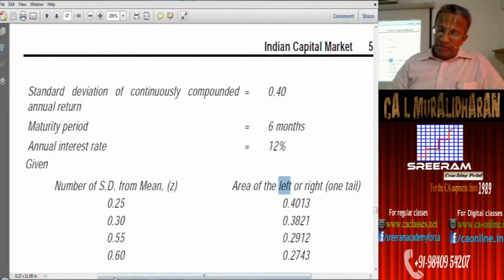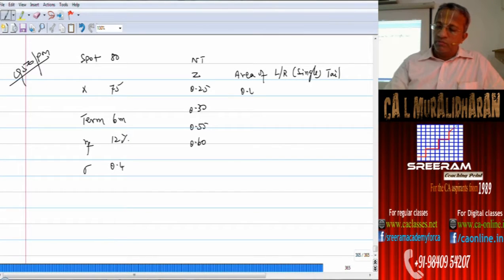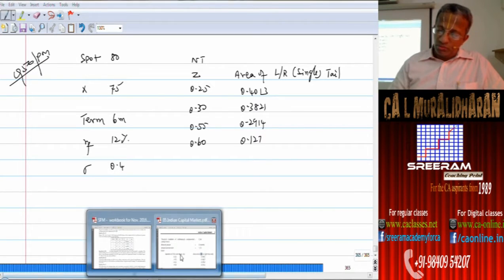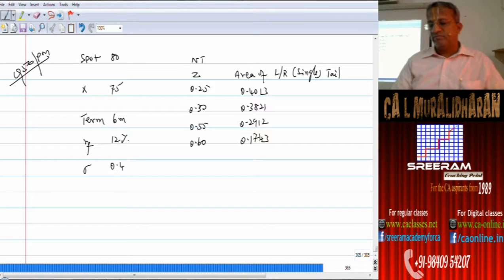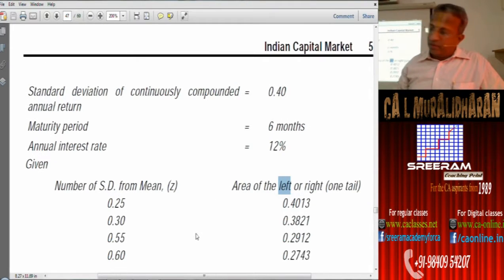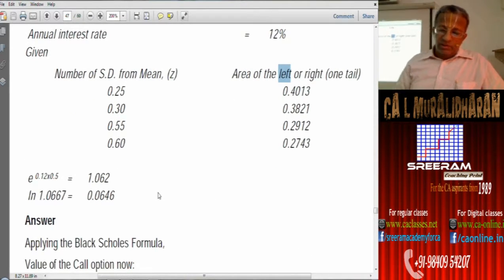What are the numbers that we have made note? 4013, 3821, 2914, 12, 2912, 2743. Then you are provided with some more information.